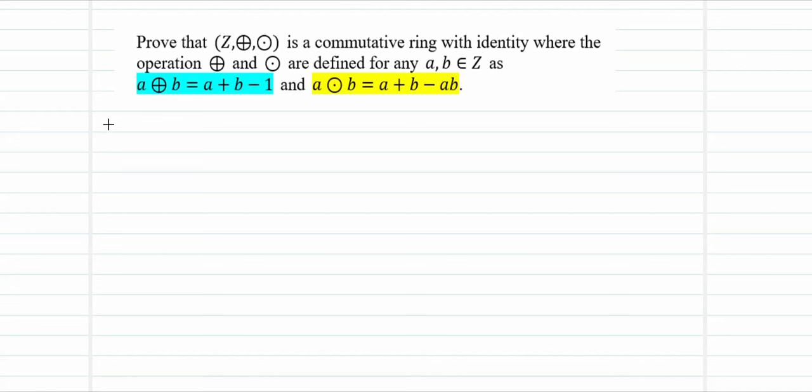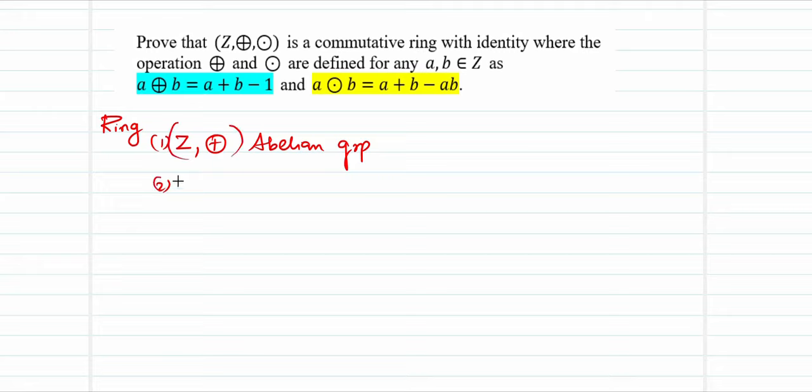First things first, to show that it is going to be a ring, I need to show that Z with respect to plus circle is going to be an abelian group. Second condition, Z with respect to dot circle: the associative law is going to be true, that is a semi-group.